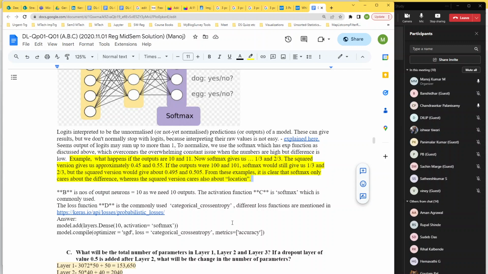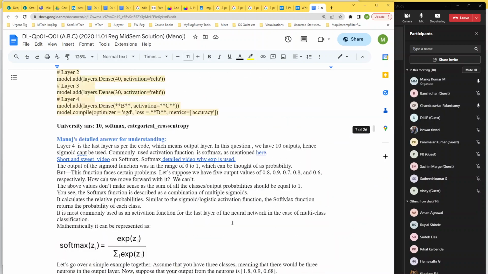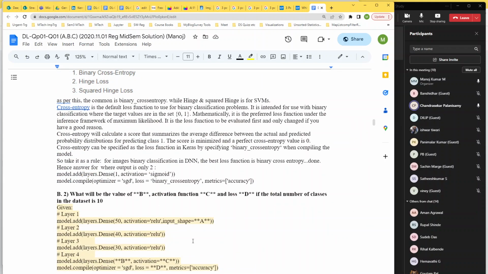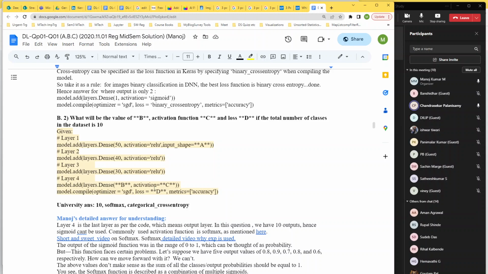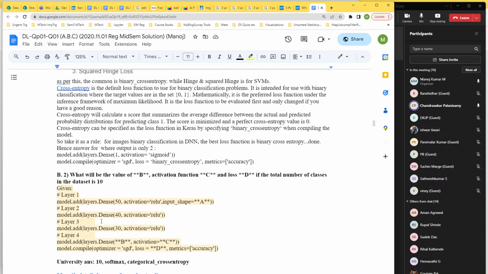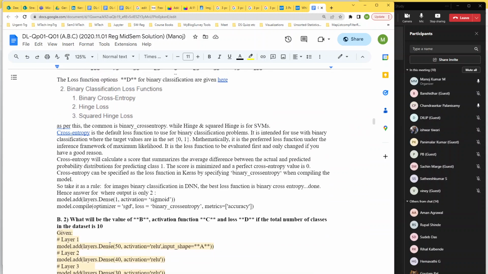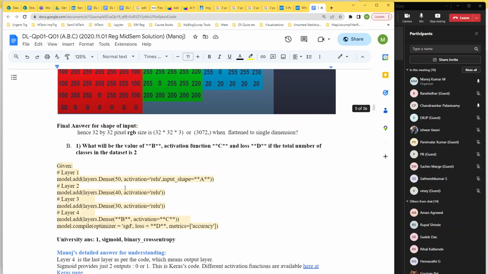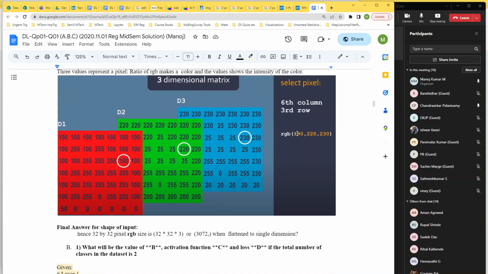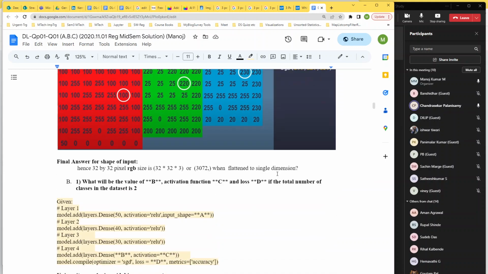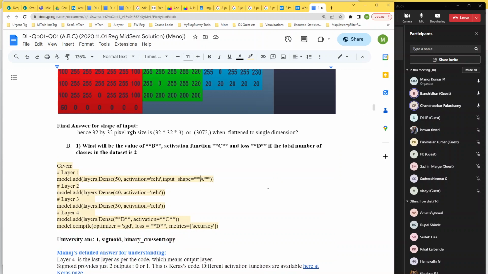No, I was explaining for the beginners only. I'm getting this one, but not fully, but I'm able to get it. Anything you missed here, let me know. I can go through that for the benefit of others also. Which one did you miss? This one, or 32 into 32 into 3? You got this? No, that is also, I'm not sure how it came.